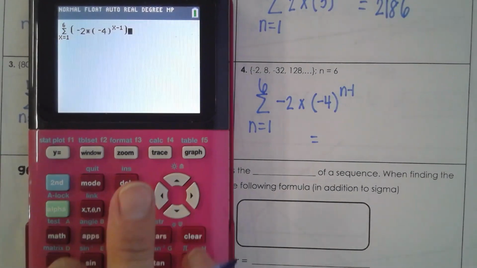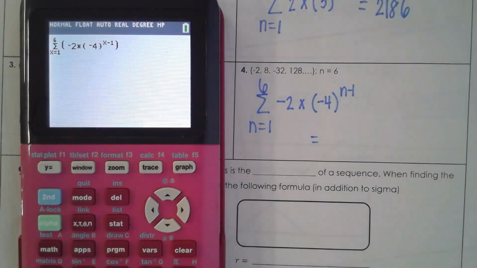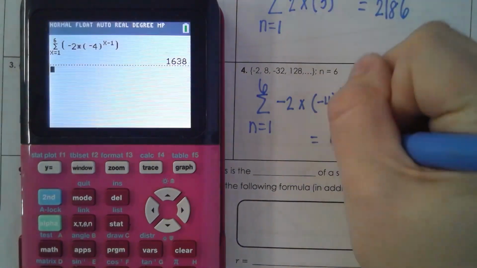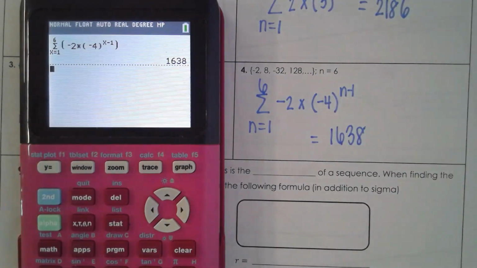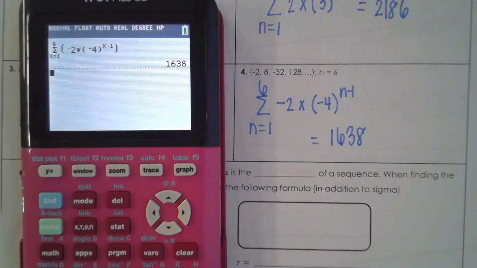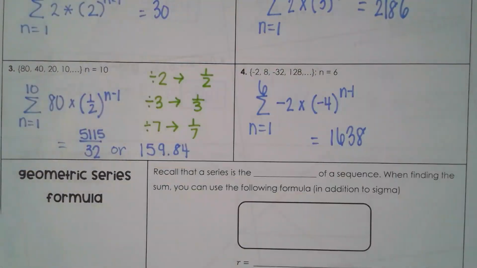So what I got here on the calculator is what you should have in your calculator. And we get 1,638. Are there any questions?